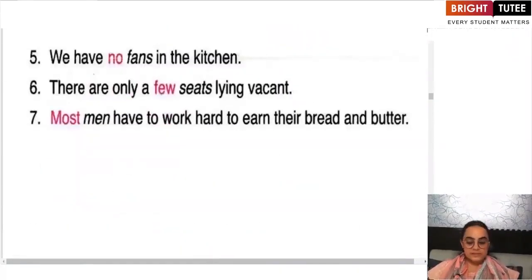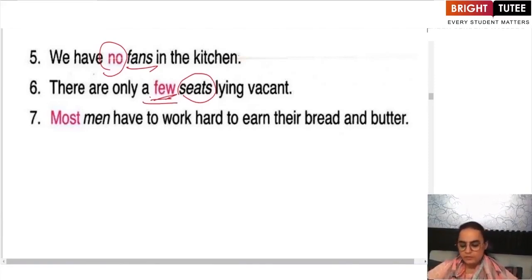If we say we have no fans in the kitchen, again, I'm using the adjective no to describe fans that I have. Fans are countable in nature. There are only a few seats lying vacant. Again, as I've already discussed, seats is countable and few is the adjective of number.